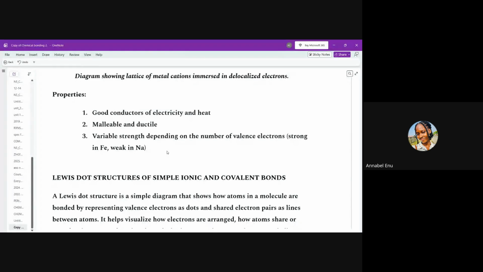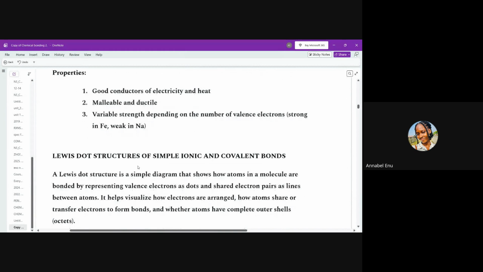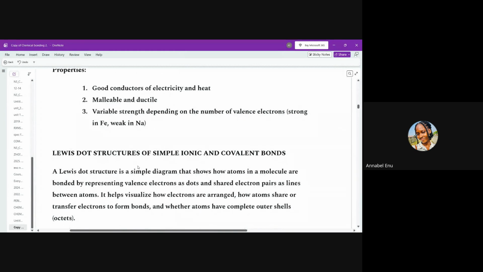And then we also have ductile. What does ductile mean? To be able to be drawn into thin wires. They are not the same thing. Malleability and ductility are not the same thing, but both of them are properties of metals.